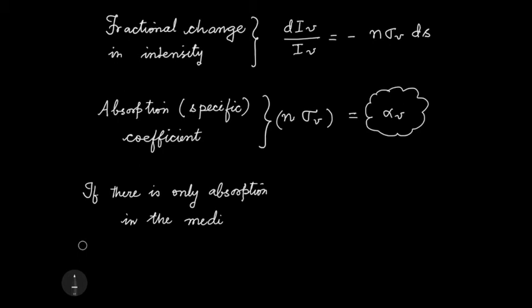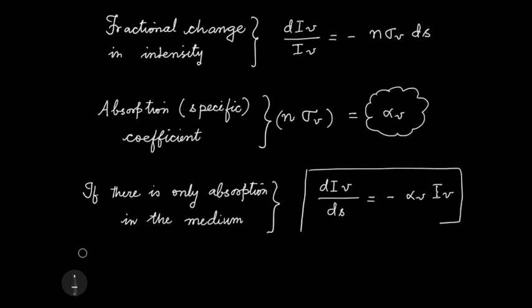This coefficient will be negative in the case of spontaneous emission because it is adding to the radiation. But mathematically they are the same thing. So my radiative transfer equation in case of only absorption, as you can see from the top, is minus alpha nu I nu.